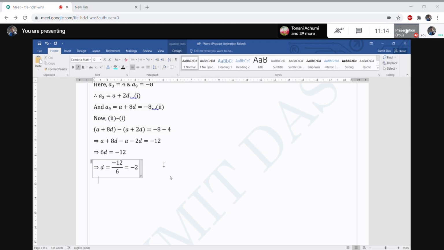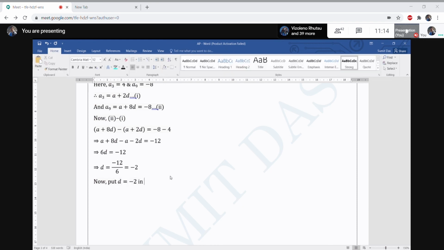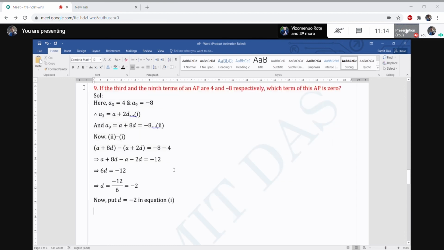Now put D equal to minus 2 in equation 1. Where is equation 1? Equation 1 is this. Oh, sorry, I forgot to put the 4. A plus 2D equal to 4.